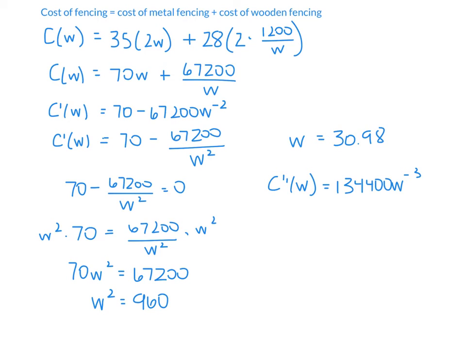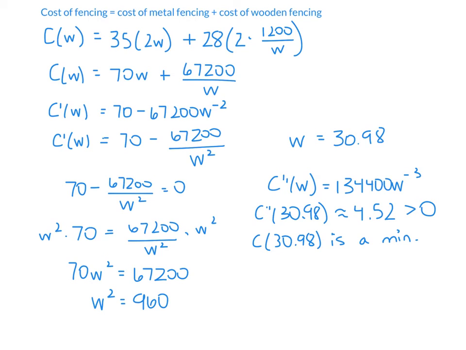Now if we plug our critical value, 30.98, into our second derivative, we get approximately 4.52, which is positive. Since the second derivative is positive, that verifies that C of 30.98 is in fact a minimum.